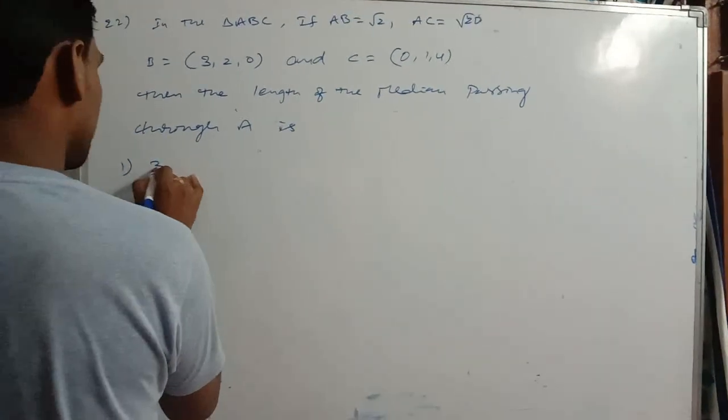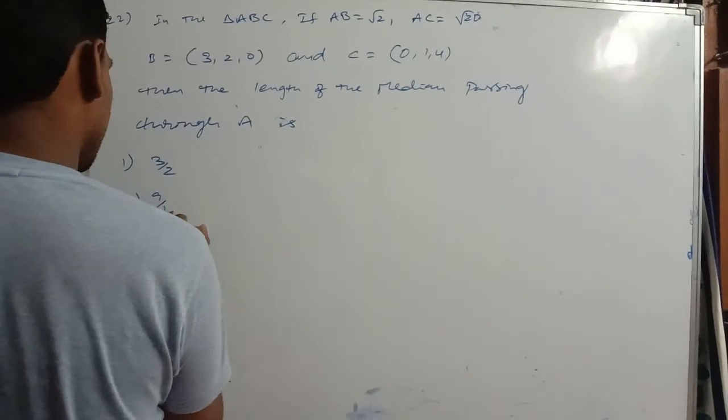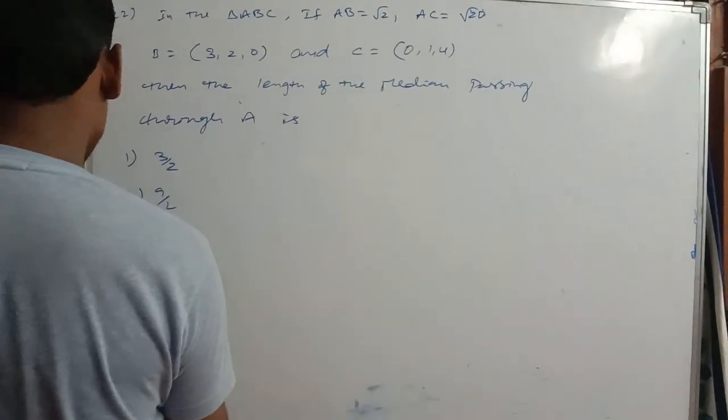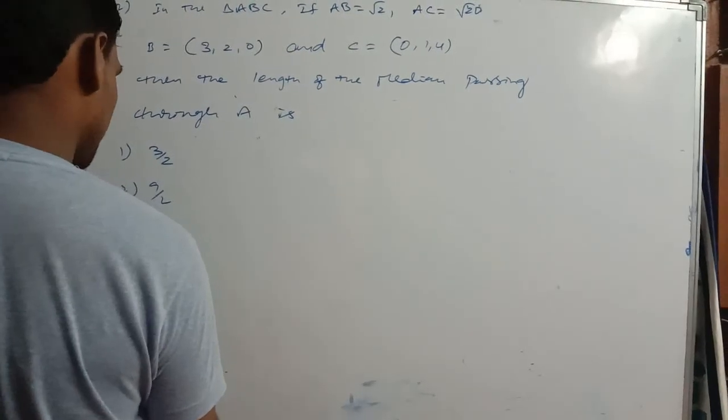Now first option is 3 by 2, second option is 9 by 2, third option is 3 by root 2, fourth option is root 3 by 2.